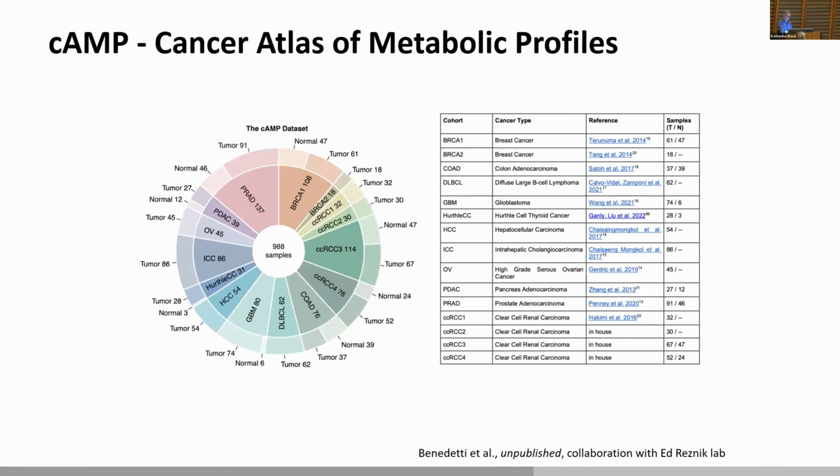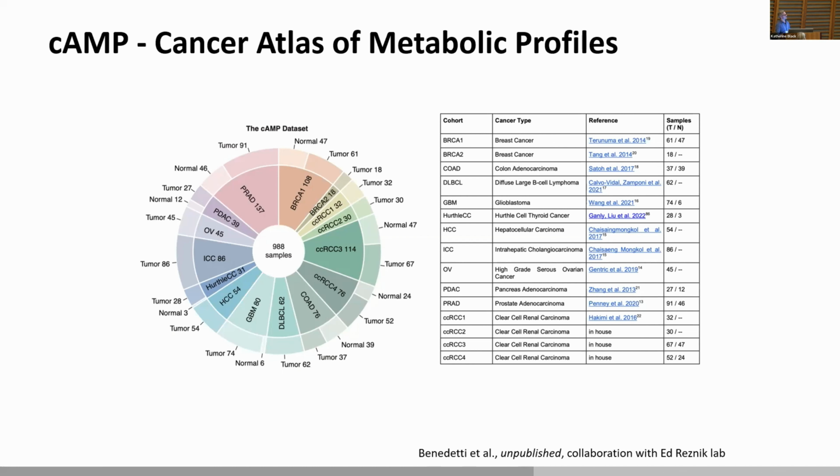Then I wanted to show our latest work together with Ed Resnick at Memorial Sloan Kettering, and a lot of credit goes to him personally there, where we have been working to build something like a TCGA for metabolomics, if you will. We have all these different cancer types from different authors. There were emails to individual authors: could you please share the data from your paper?